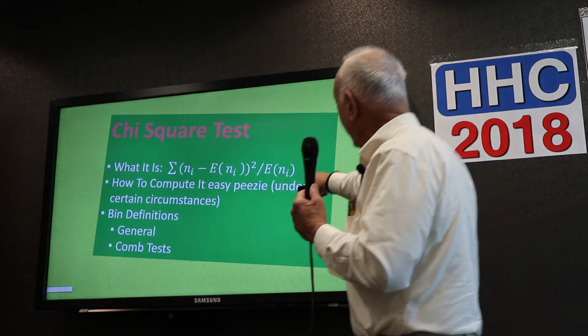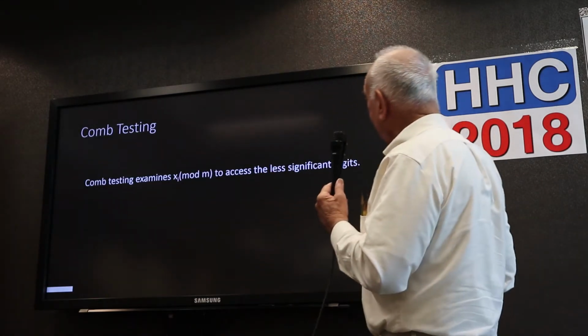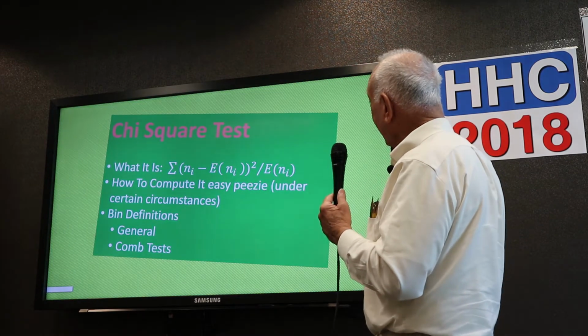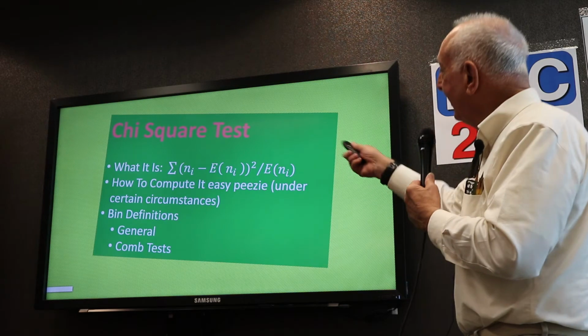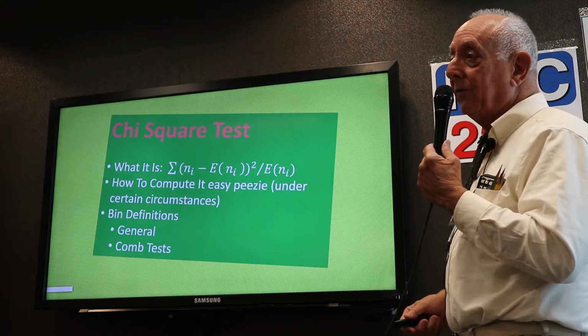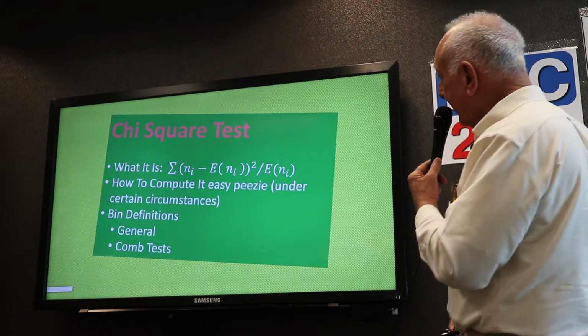See, here's the mean here. Okay, so it's easy to calculate the chi-square statistic just using the statistical functions that are in the calculator.